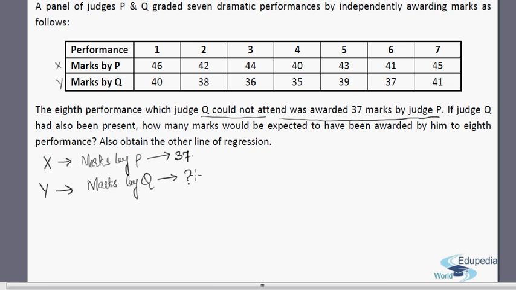That is unknown. Therefore we need to find the value of Y when X equals 37.